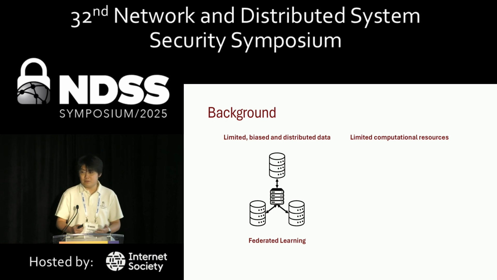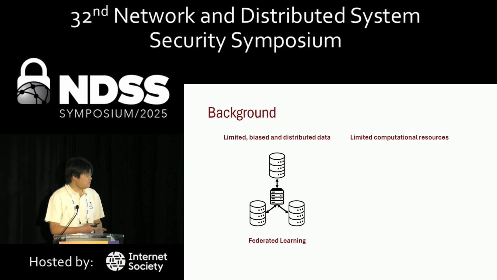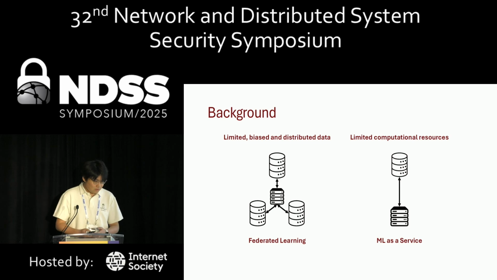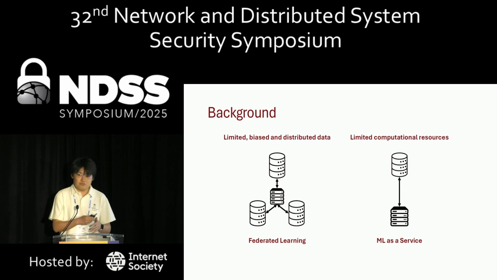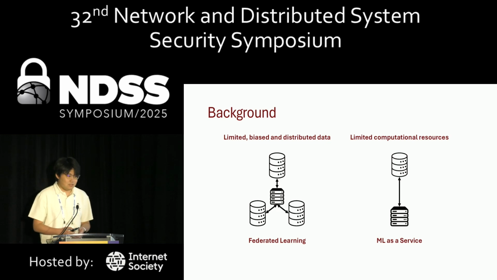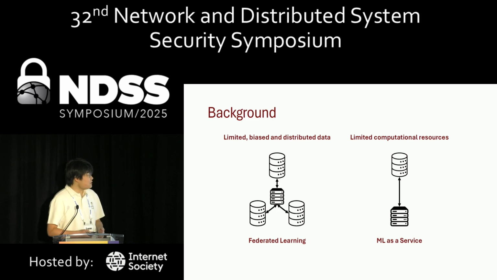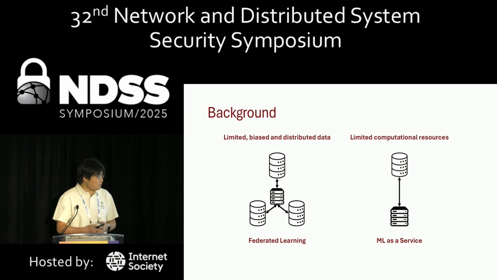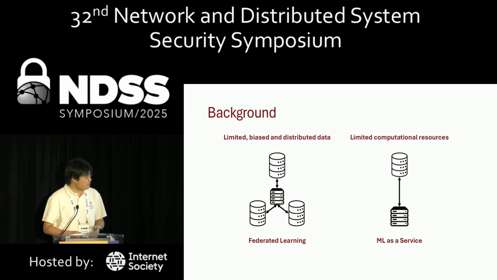For example, they can be mobile phones. So those data owners cannot train the machine learning model by themselves. That calls for machine learning as a service. Both things can be addressed if you just move all the data to a central server that is powerful enough to train the model, but that compromises privacy. So split learning, or SL, tries to address this problem in a somewhat privacy-preserving way.